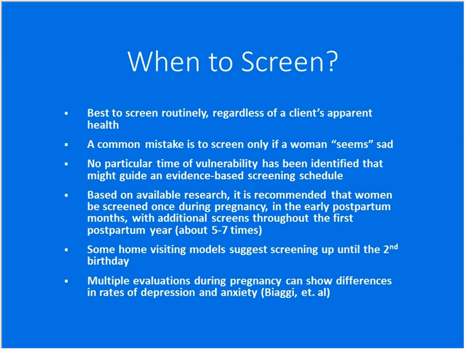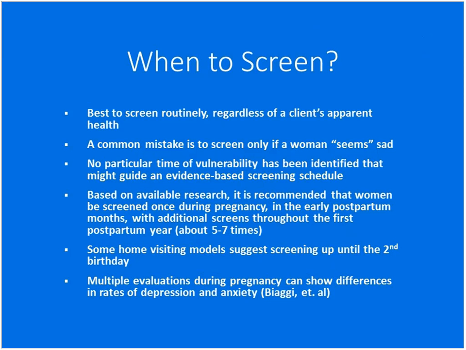As I mentioned earlier, the most common mistake when implementing perinatal depression screening is to screen only if a woman feels sad. So we promote the idea of universal screening. It's best to screen routinely and based on a protocol for your agency regardless of the client's apparent health.